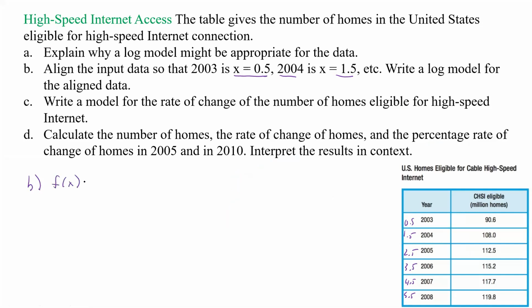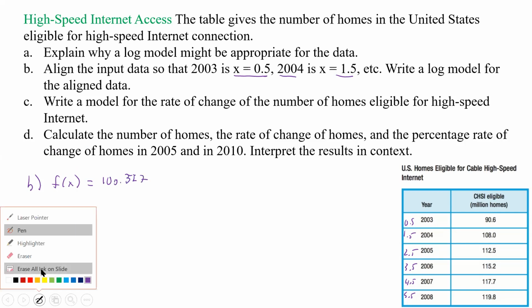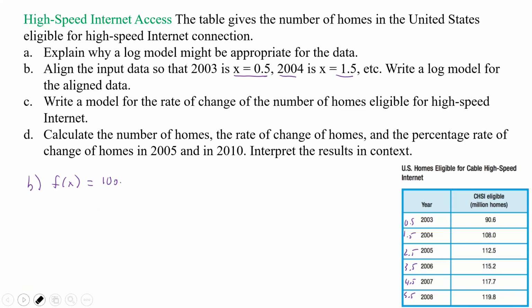So that was f of x, rather than t for time, since they said to use x here. f of x is equal to 100.527 plus 11.912 ln of x. Okay, so that was our log function.